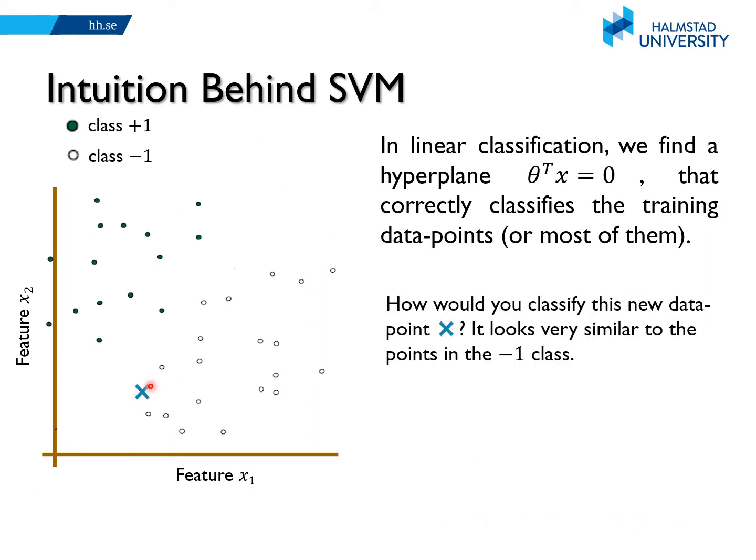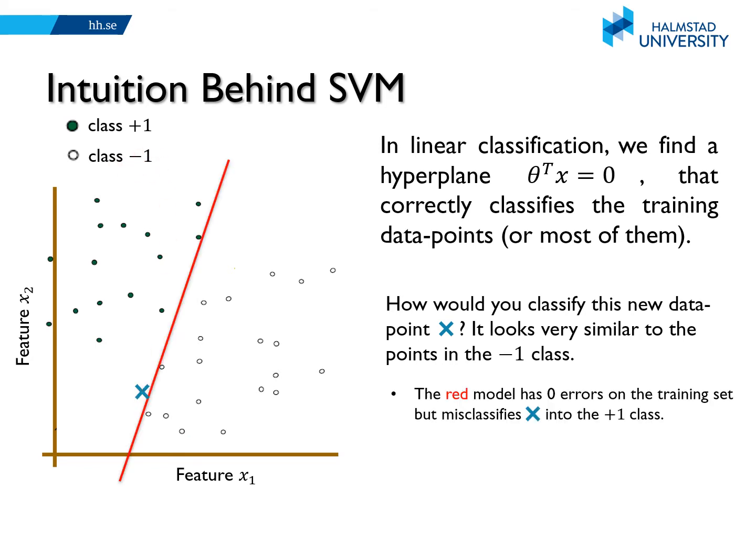To answer this question, let's consider a new data point, indicated with a blue cross here. And this new data point is similar to the data points in the negative class, so it most likely belongs to the negative class. Now let's take this linear classifier, which correctly classifies all our training examples, so it achieves 0 error on our training dataset.